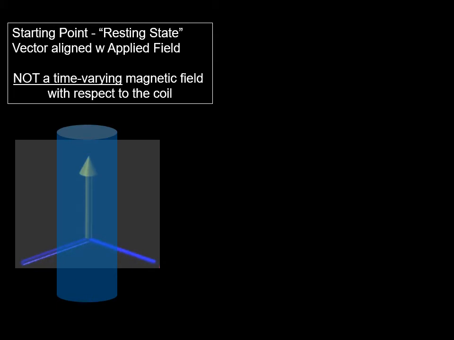Recall that when we start the imaging process, the bulk magnetization vector in its resting state is aligned with the main magnetic field. In this orientation, the magnetic cloud that surrounds this bulk magnetization vector, as is illustrated on the left-hand side of the slide, does not have a time-varying component with respect to the coil and cannot induce a voltage in the coil.